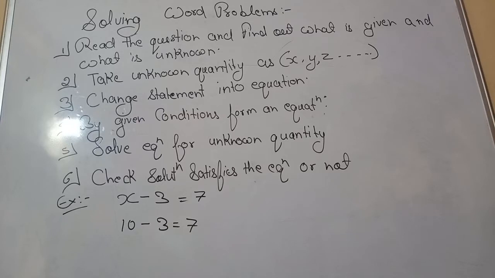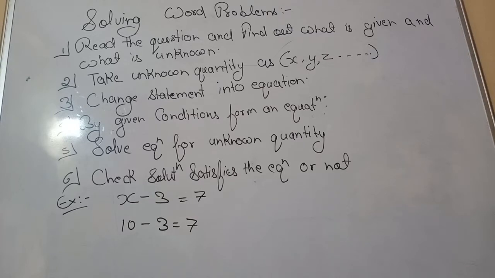Second, take the unknown quantity as x, y or z. Whatever is unknown in the question, you have to take that quantity as any variable like x, y, z, a, b, c. Third, change the statement into an equation.